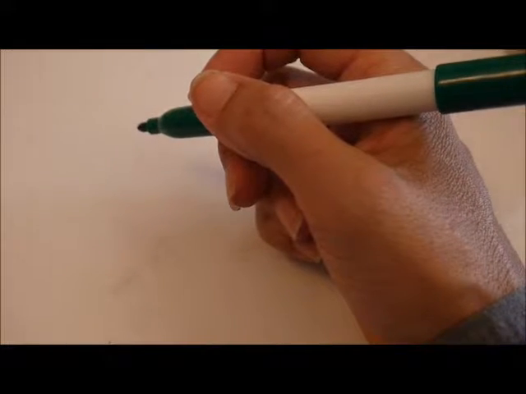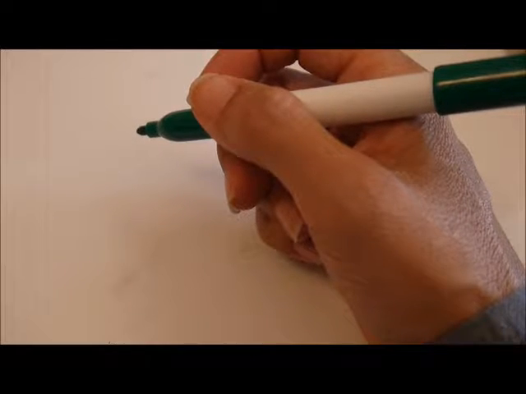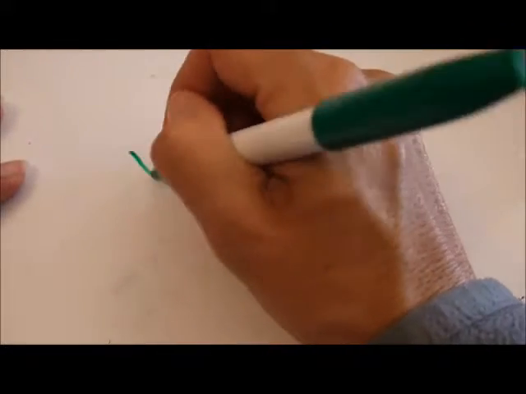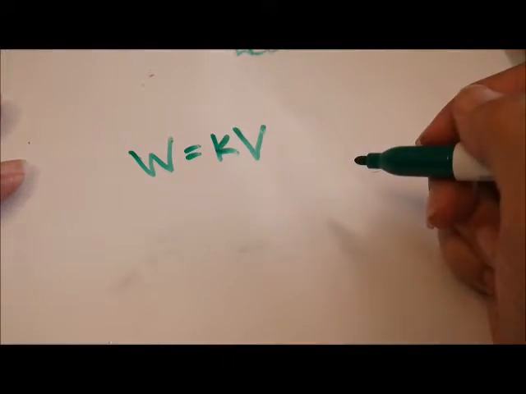There are other statements where we might read, the weight of a substance varies directly as the volume of the substance. And so right when you read a statement like that, the weight of a substance varies directly as the volume, you would say W equals KV. Okay?